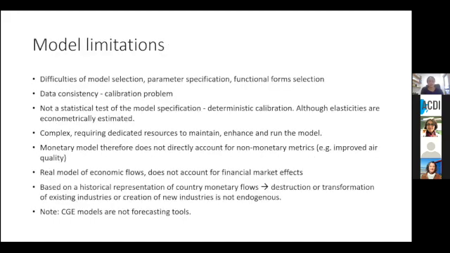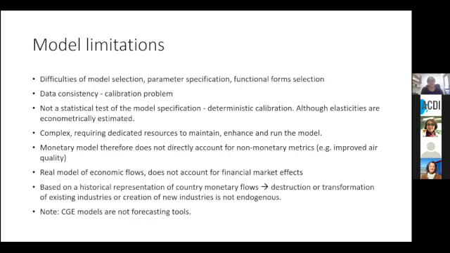They do, however, have limitations. As I mentioned, some of these can be overcome through linking with other models. But in general, CG models are faced with issues of difficulties around model selection, parameter specification, and functional form selection. There can be issues in terms of data consistency, which can create calibration problems.